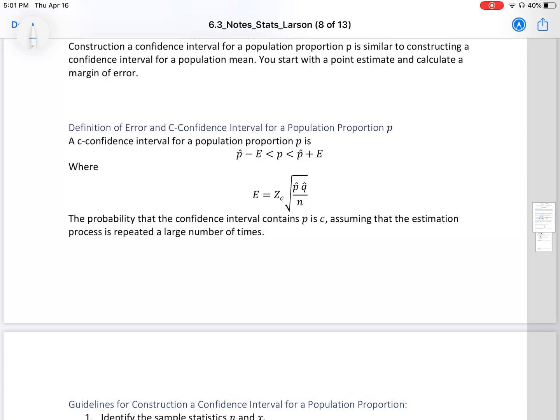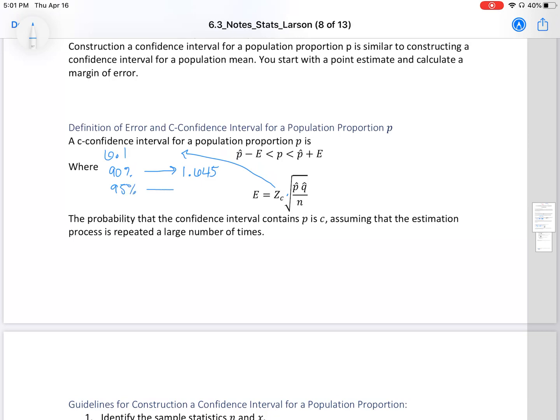And that E, that error, is found by E is equal to z_c times the square root of p hat times q hat over n. Now this z_c value comes back from section 6.1, which is the critical value attached to the certain percent confidence interval. So recall from section 6.1, we had a chart that told us that if we work with 90% confidence, then our critical value, our z_c, was 1.645.